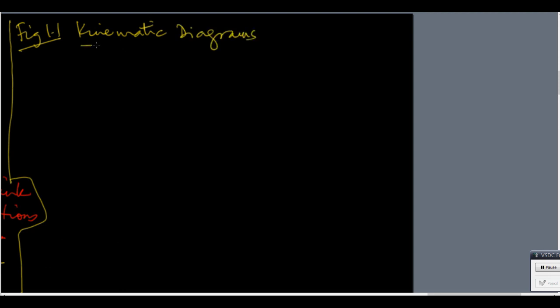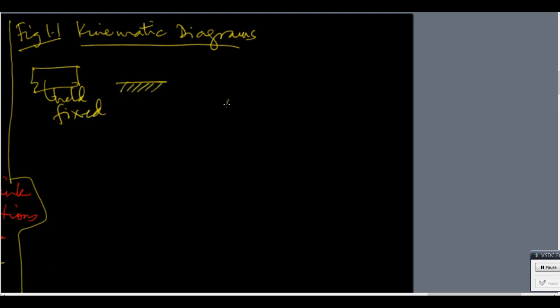Here what we do is we show only the essential features. So if something is fixed, held, fixed, we just show it like this. If one link and another are connected by a revolute joint, we show it like this.